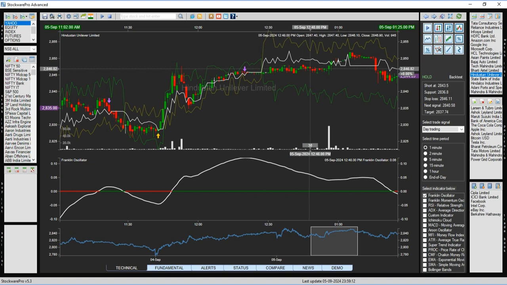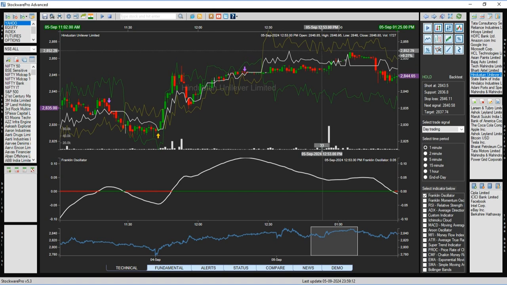But the price didn't fall immediately. It continued to go sideways and then started to move up, and at that point I created this stop loss level. I didn't use this level which was closest to the price level.